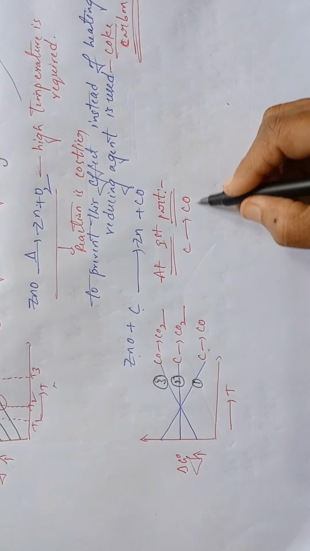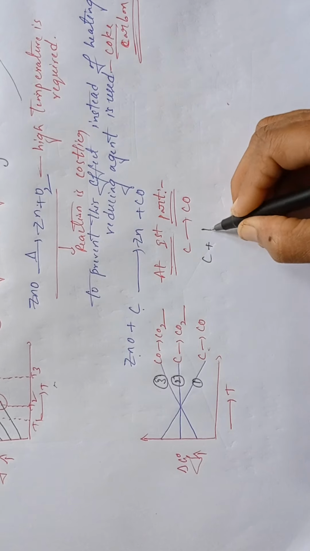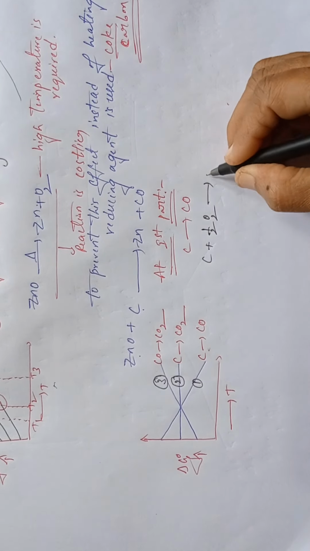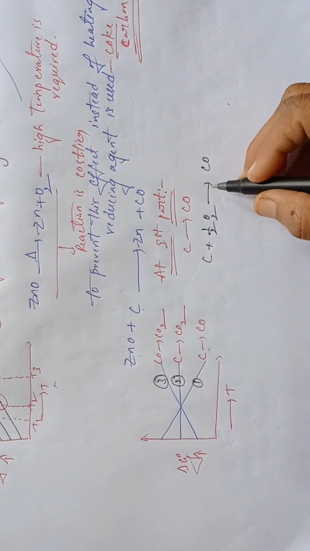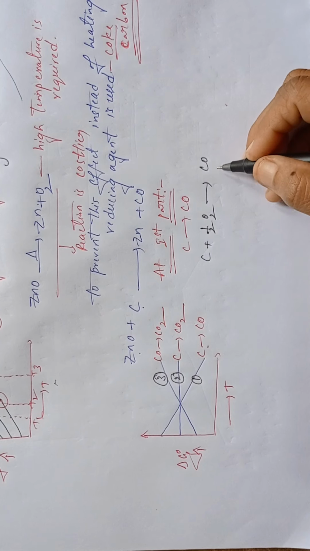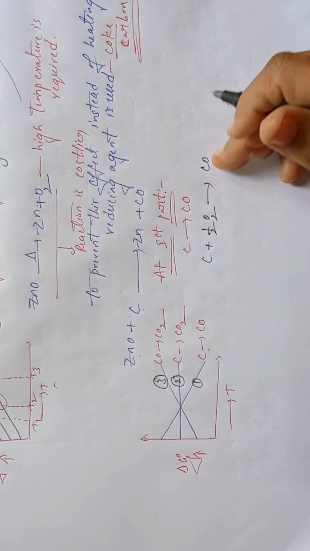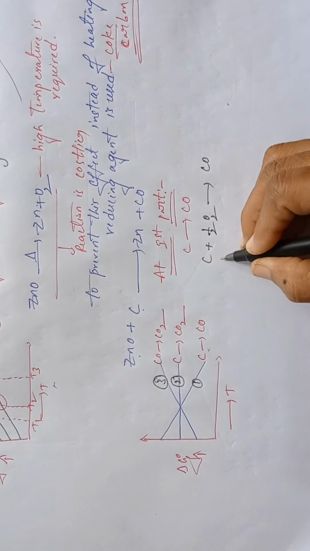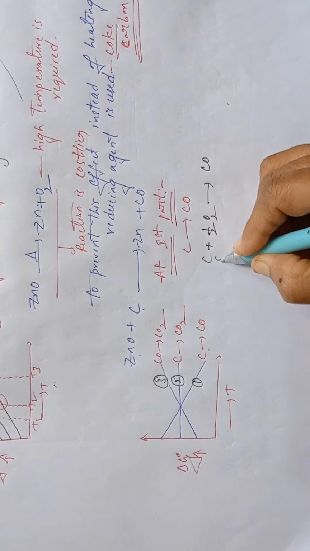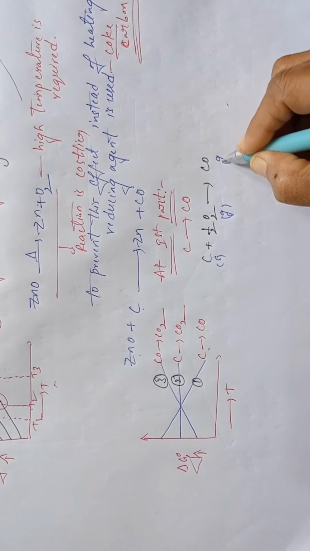Now how will you get CO, students? C combined with half mole of O2 produces CO. Understanding, students? Carbon is a solid, O2 is a gas, and CO is also a gas.